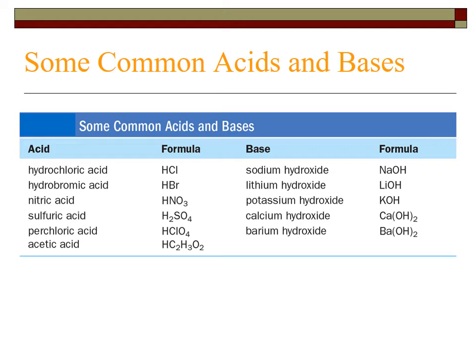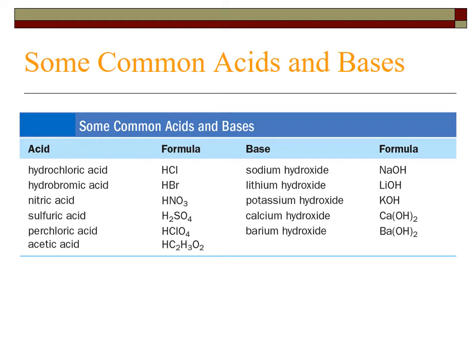Now, way back when we named these acids, how do we know that a compound is an acid? We know it's an acid because it has a hydrogen out front. So if I look at the chemical formula for all my acids, they have some sort of hydrogen out front. Look at the bases.